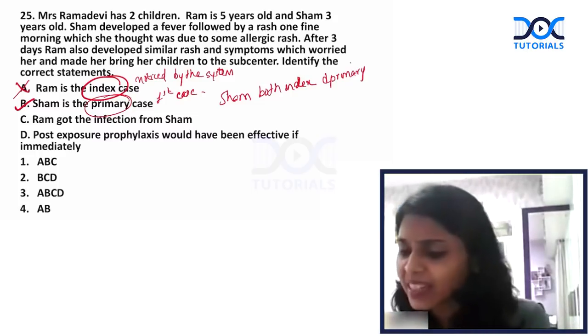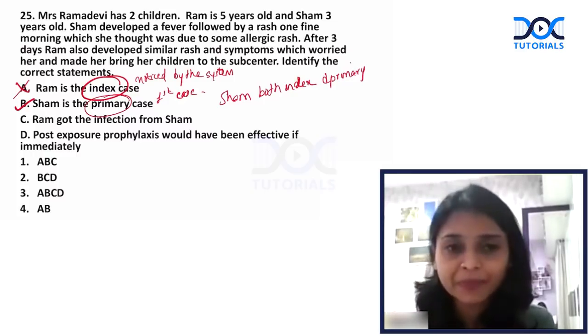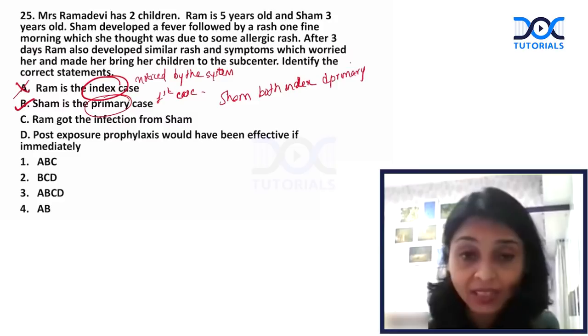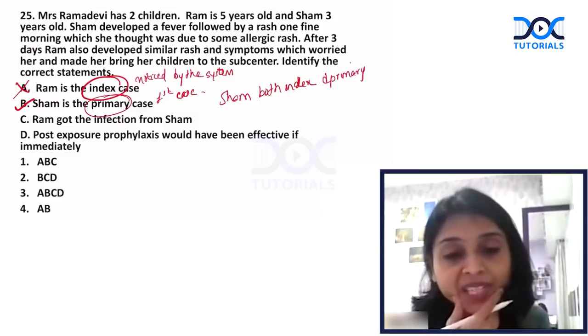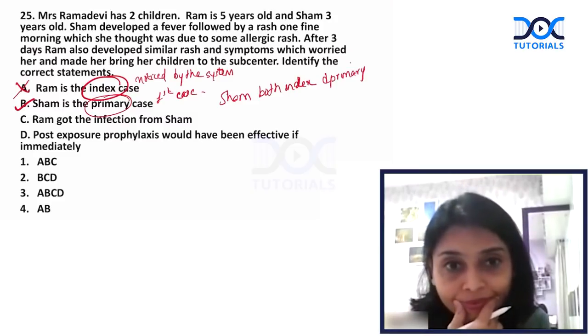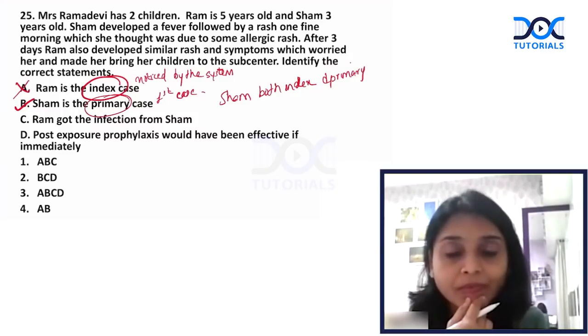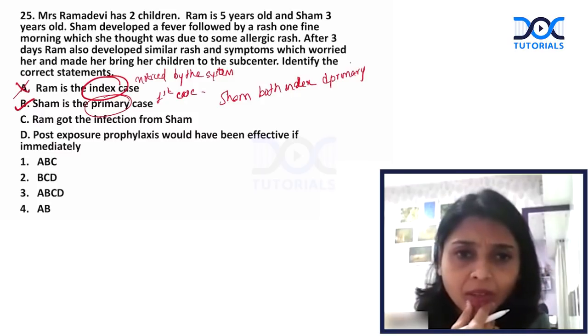By the way, which is the disease that we are considering here? Anyone, please? Can you tell me which is the disease that we are considering here? Incidence and prevalence.